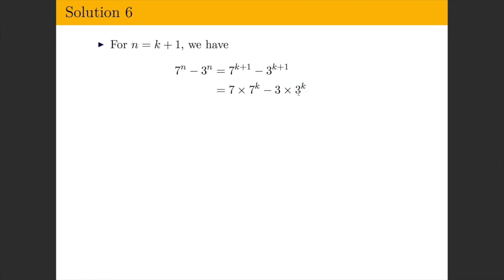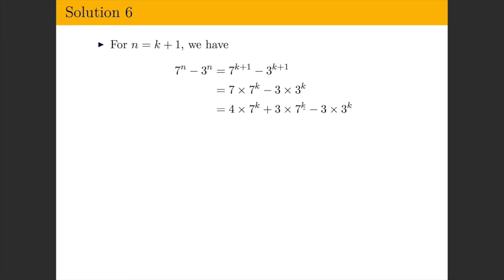What can I write now? Well, I can rewrite this 7 times 7 to the k as 4 times 7 to the k plus 3 times 7 to the k.